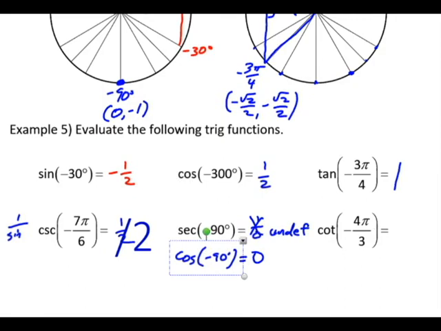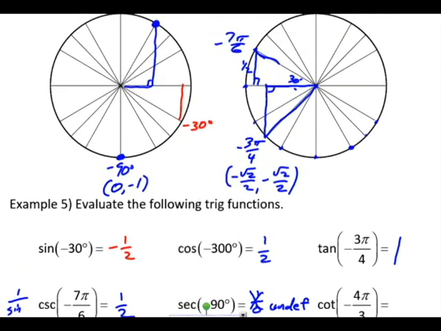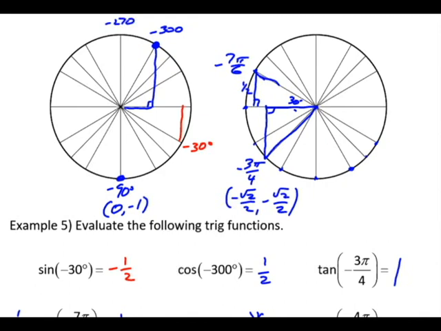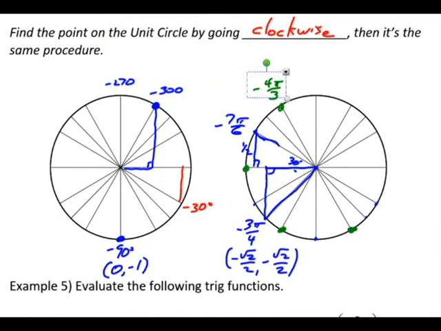Cotangent of negative 4 pi over 3. Well, negative 4 pi over 3, those are big wedges, so 1 pi over 3, 2 pi over 3, 3 pi over 3, 4 pi over 3. Here's negative 4 pi over 3. And its coordinates, if we drop a perpendicular and do the 30, 60, 90 thing, that's going to be negative 1/2, root 3 over 2.